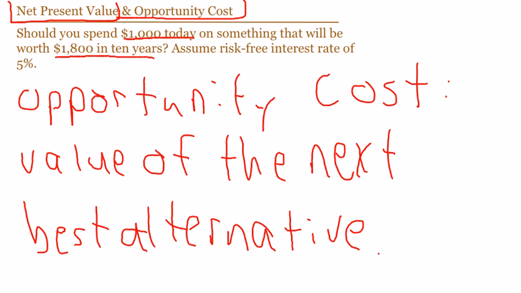And you might remember that the opportunity cost is the value of the next best alternative. And we're going to assume that the next best alternative to buying that thing today for $1,000 is putting the $1,000 in some other savings account that'll earn you, without risk, an interest rate of 5%.